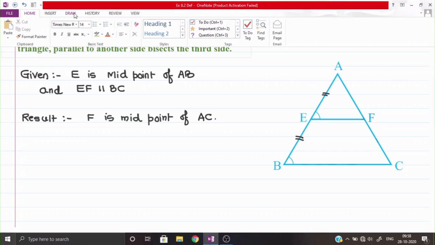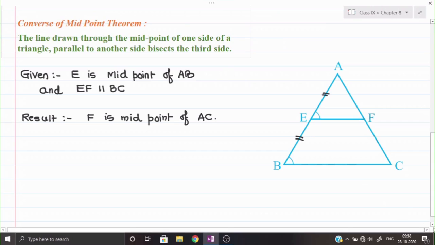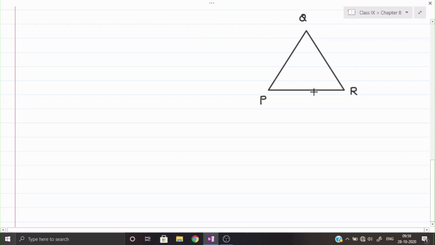Now look carefully at how I am drawing the figure. Suppose I draw one triangle like this, and name it P, Q, and R. And one line I am drawing from PR to PQ, like this.